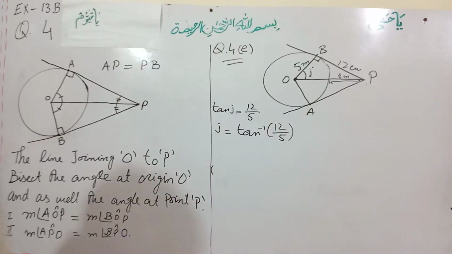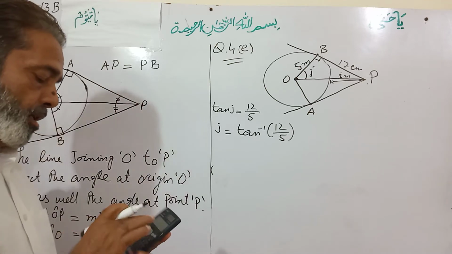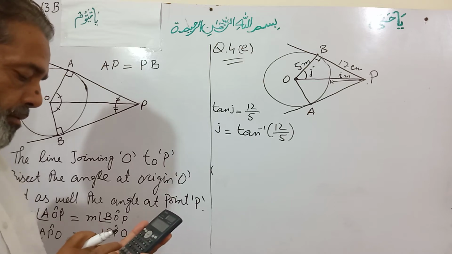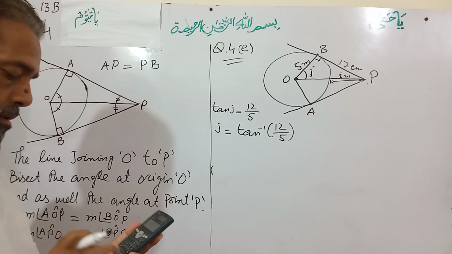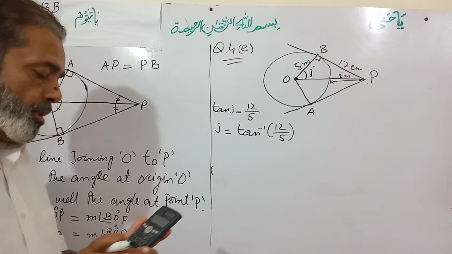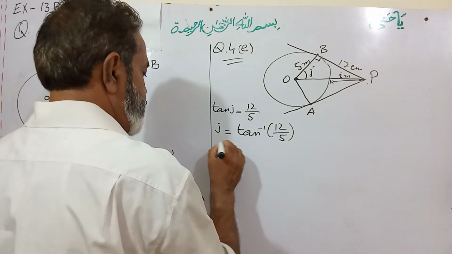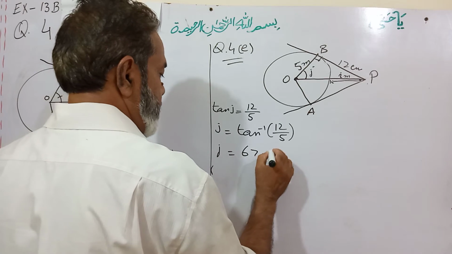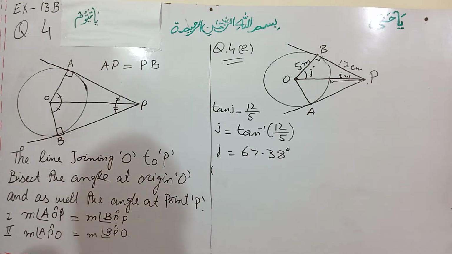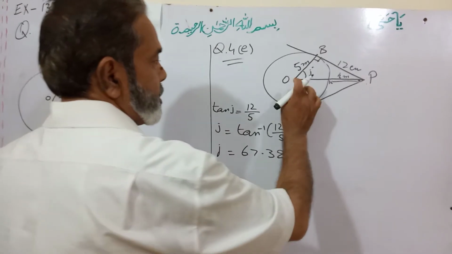Using the calculator, shift tan 12 over 5. This is 67.38 degrees. So J is equal to 67.38 degrees.